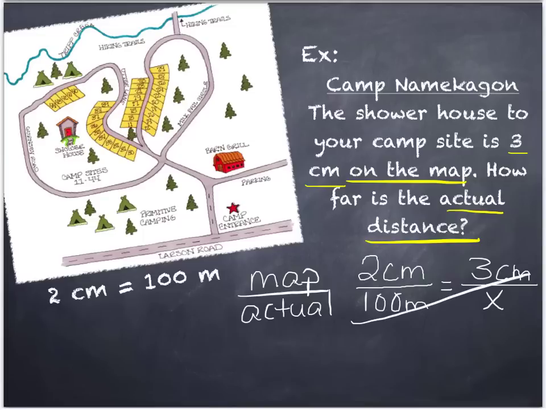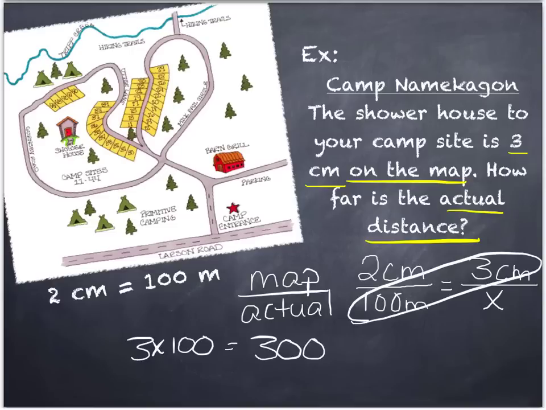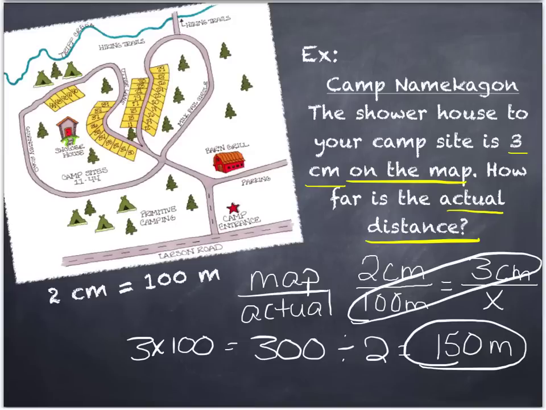So we multiply 3 times 100, which is 300, and then divide by 2 because that's the number that's left. 300 divided by 2 is 150, and it's meters because we're talking about the actual. So our answer is 150 meters.